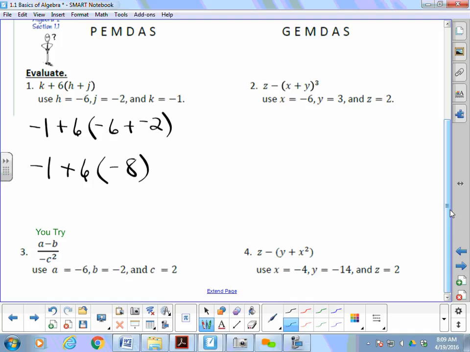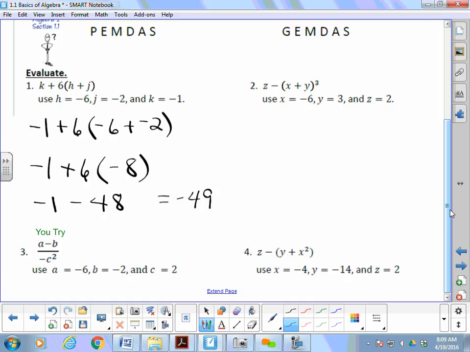Multiplication. So the multiplication has to come before the addition. So this is negative 1 minus 48. So negative 49. So you've got to make sure that you do those in the correct order. Okay?